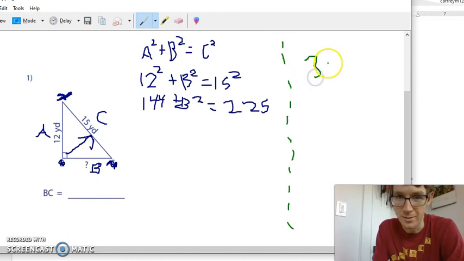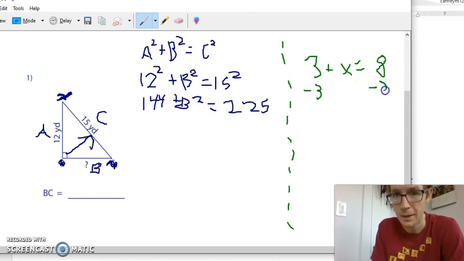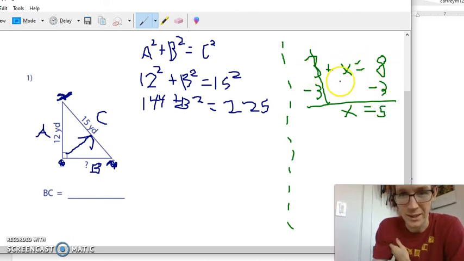If I had something like 3 plus x equals 8, how do we get this x by itself? We'd have to get rid of this 3. So if it's 3 plus x, we have to subtract that 3 from both sides. So then x is equal to 8 minus 3, which is 5. You can verify that 3 plus 5 is 8, so we're good.